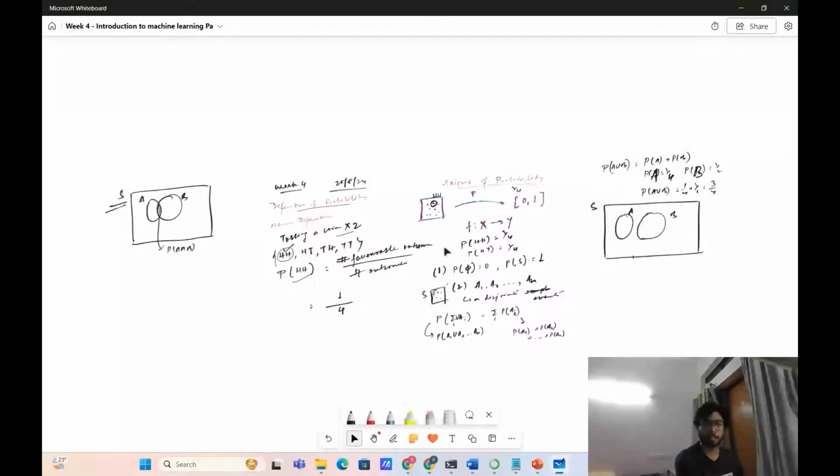Let me give one example. Let me think of some example. I think that will make it more clear. So let's say in a class, the number of students is 100. Out of that, number of males is 60, number of females, let's say 40.